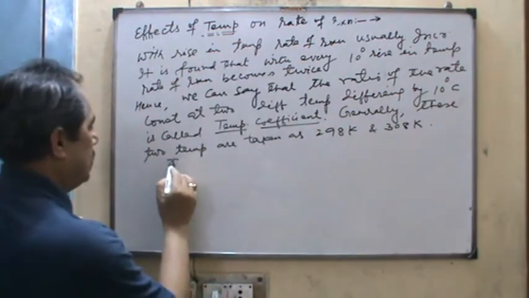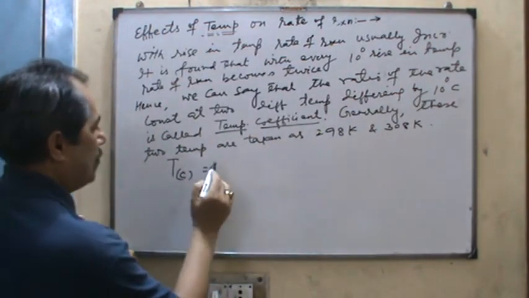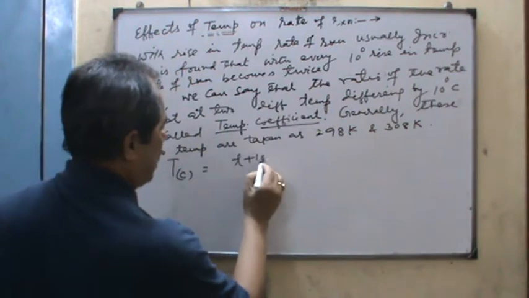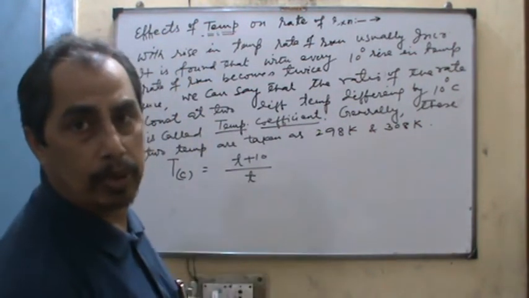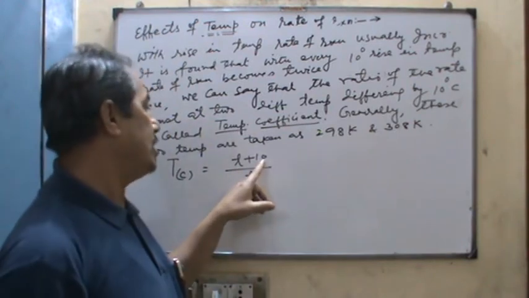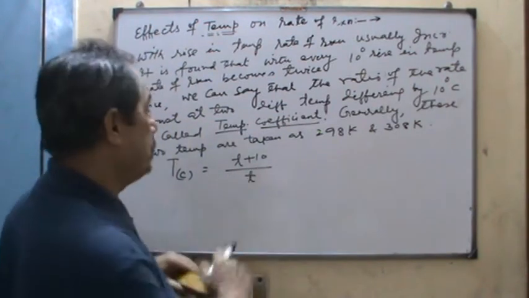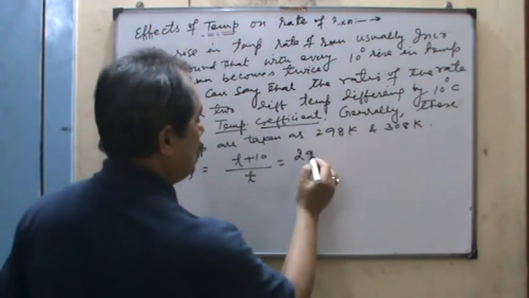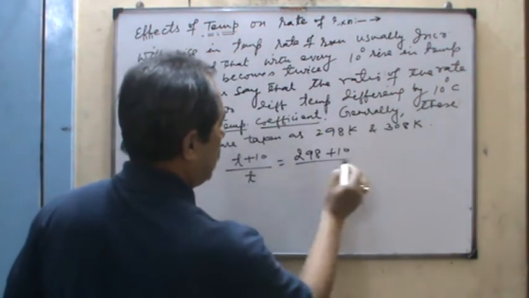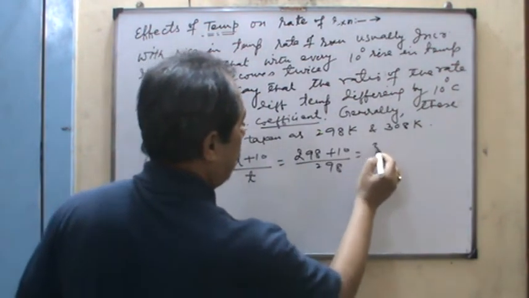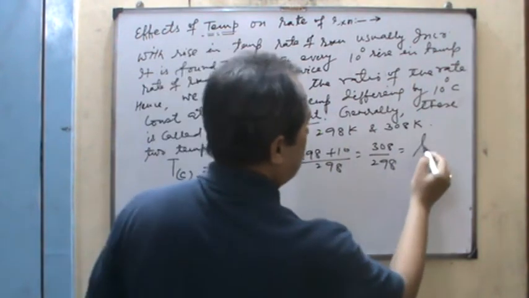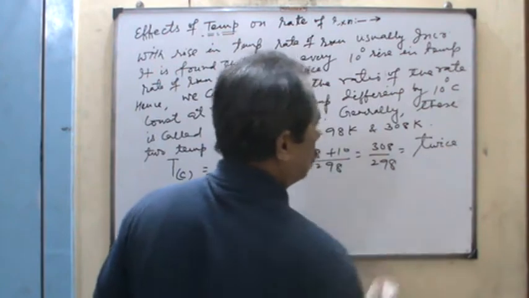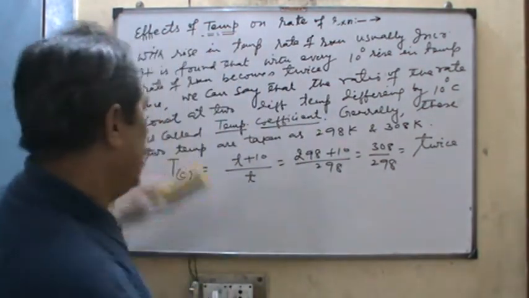Hence, temperature coefficient is defined as k at T plus 10 upon k at T. In the numerator, once you increase the temperature by 10 degrees, 298 plus 10 upon 298, that means 308 upon 298. At that time, rate of reaction becomes twice or thrice.